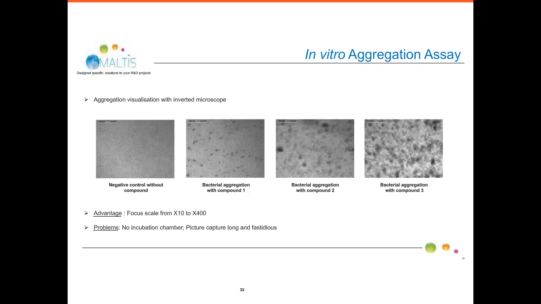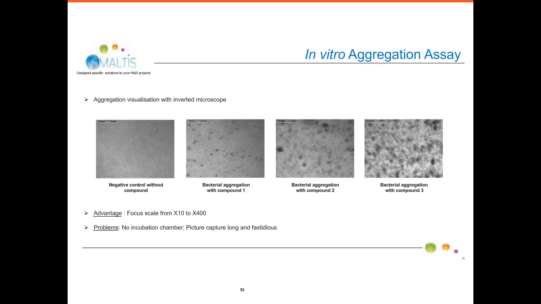On the left, when bacteria are cultivated without compound, you can observe a quasi-plain gray image. But if you add a molecule capable of interacting specifically with bacterial adhesins, you can observe a bacterial aggregation network, represented by a less homogeneous gray picture. The unique advantage of using the microscope is the focus scale from 10 to 400.